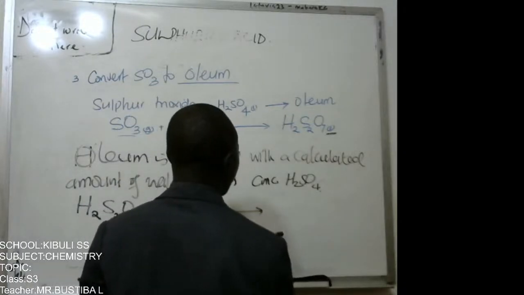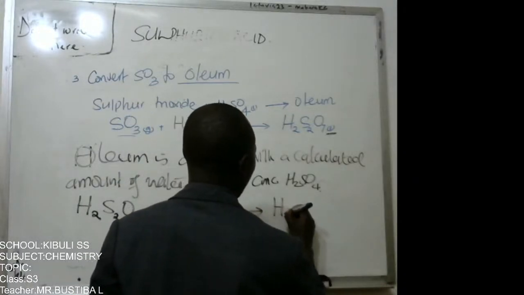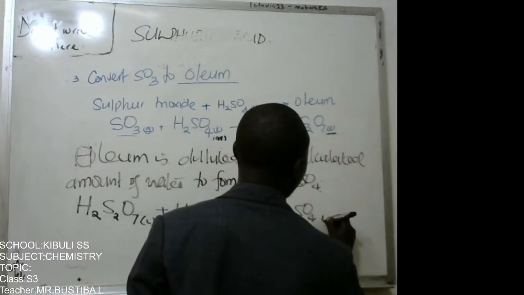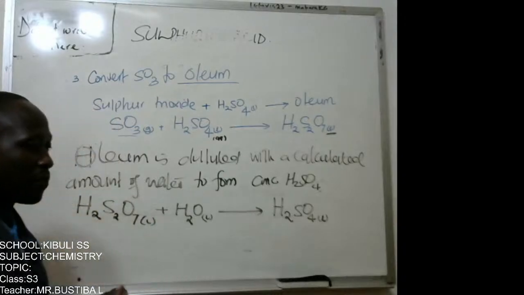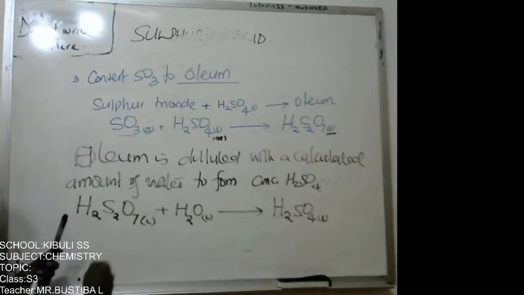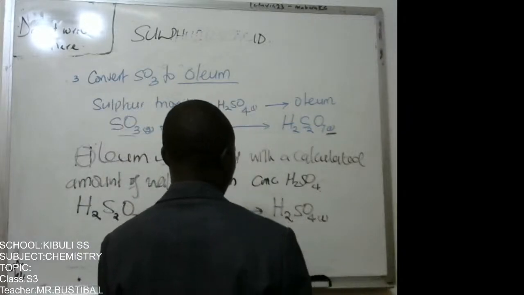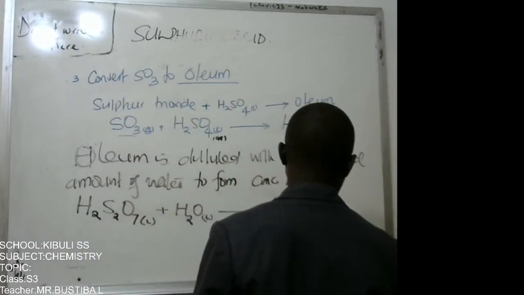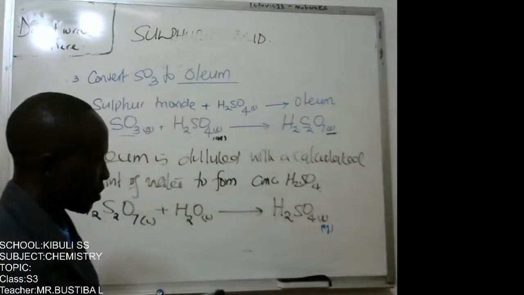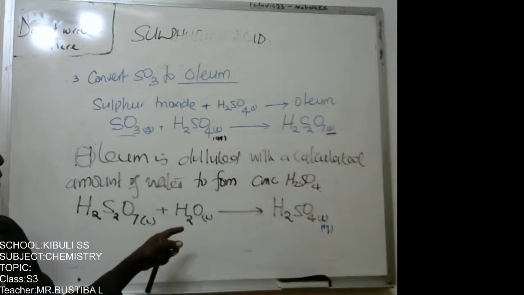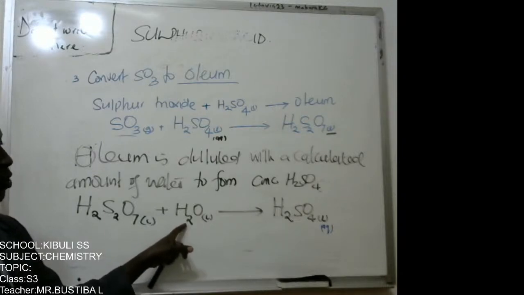So what do we obtain? We are obtaining sulfuric acid, H2SO4, which is supposed to also be what? A liquid. However, if you add too much water, the acid can be given as aqueous. So in my discussion, I pointed out what can be accepted as aqueous. We can only accept aqueous if you are adding water which is too much.